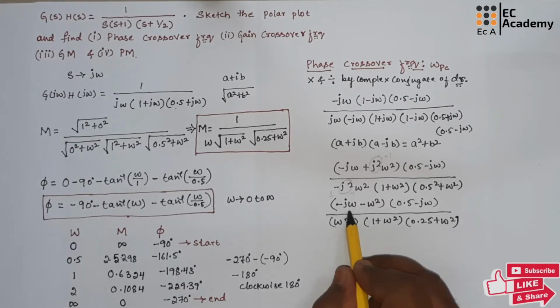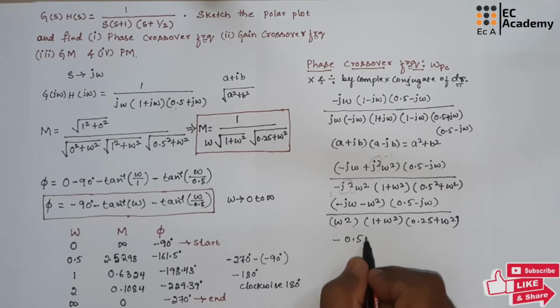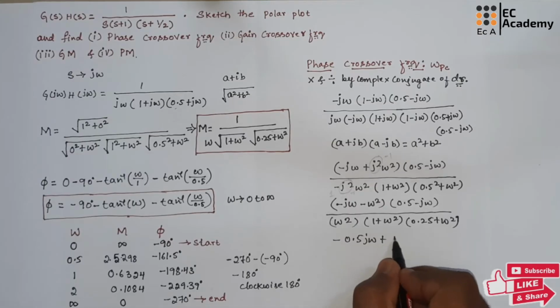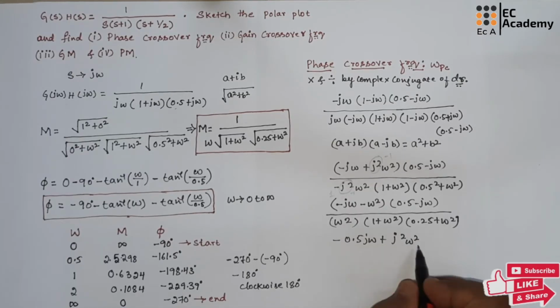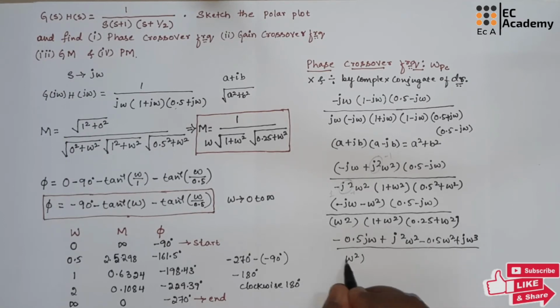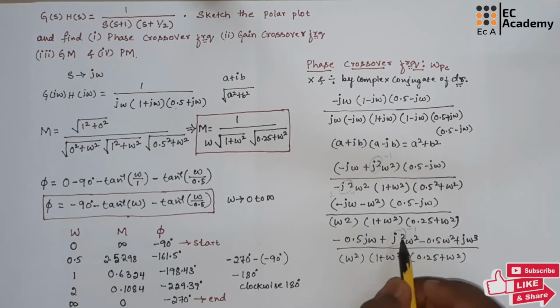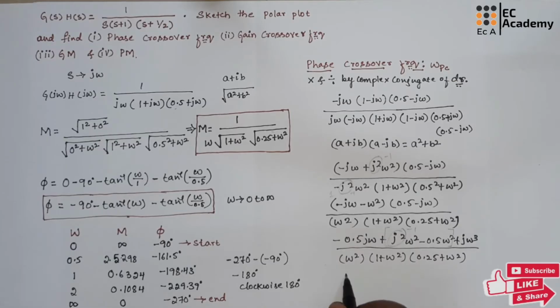In the numerator let us multiply these terms, so we will get minus 0.5 j omega plus j square omega square minus 0.5 omega square plus j omega cube, whole divided by omega square into 1 plus omega square into 0.25 plus omega square. Again here j square is minus 1, and in these two terms let us take omega square as common.